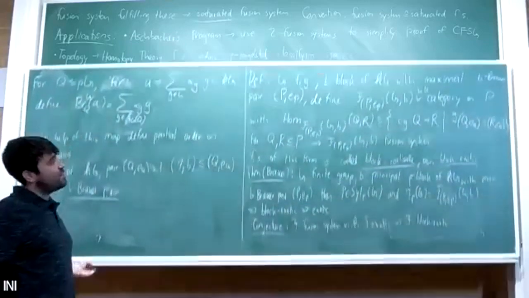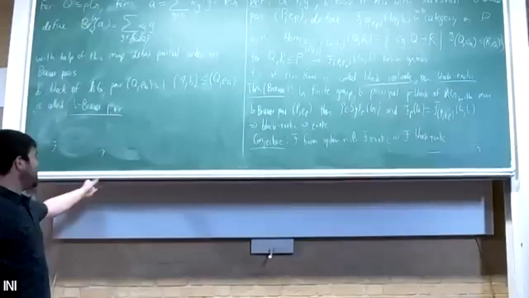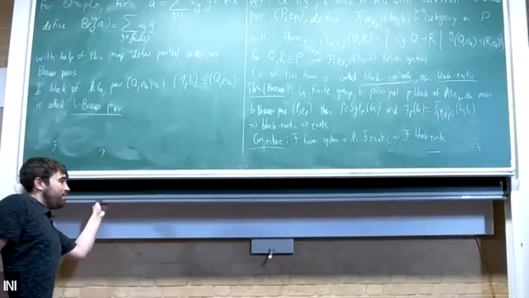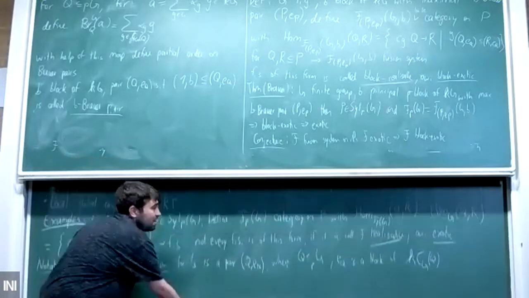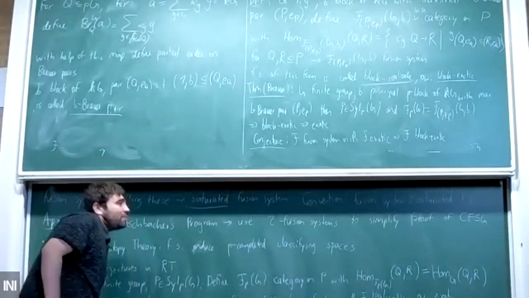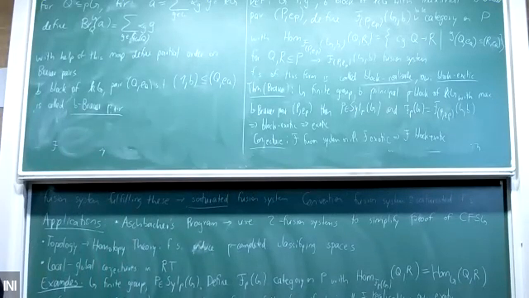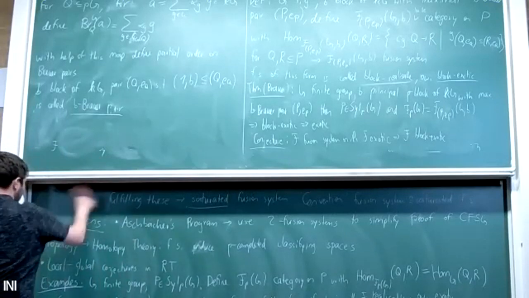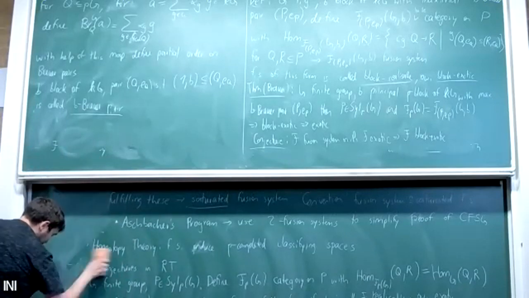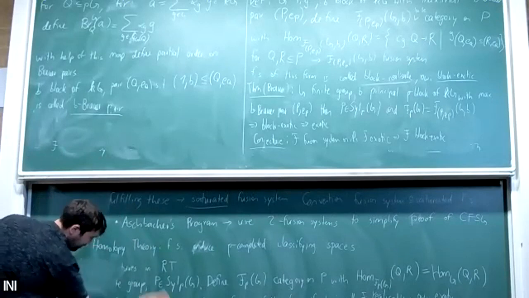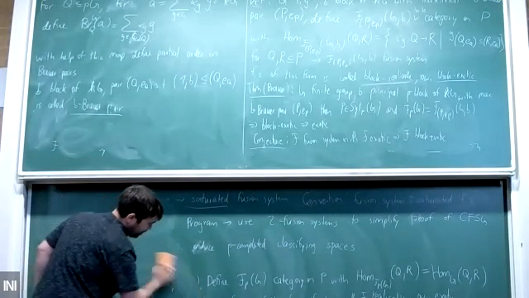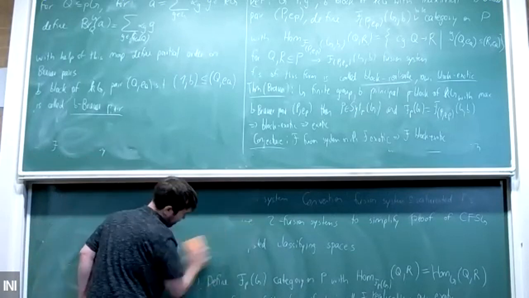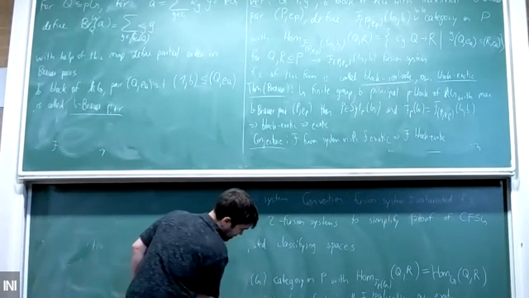This conjecture has been around for, I think, over 20 years now. Most people are convinced that it's true, but we're still a long way from proving it. But I can tell you a little bit about some progress we made recently, and I'll also tell you for which groups it's known to hold.